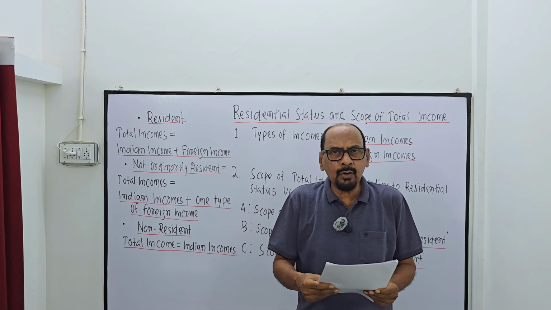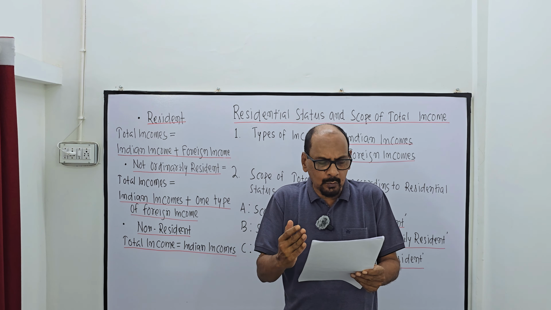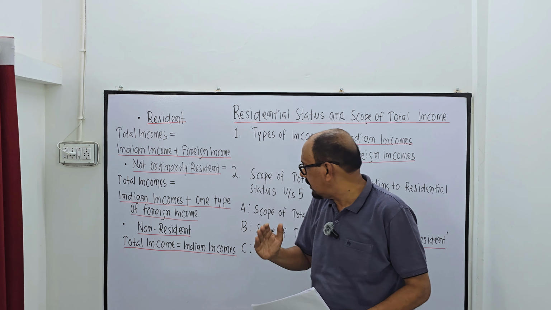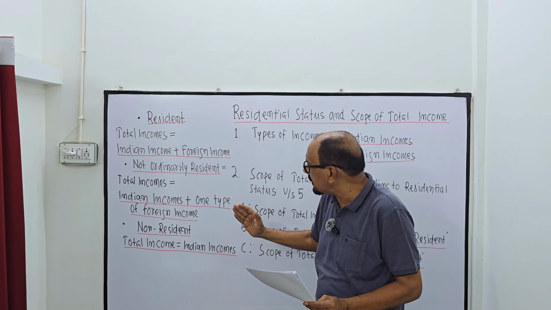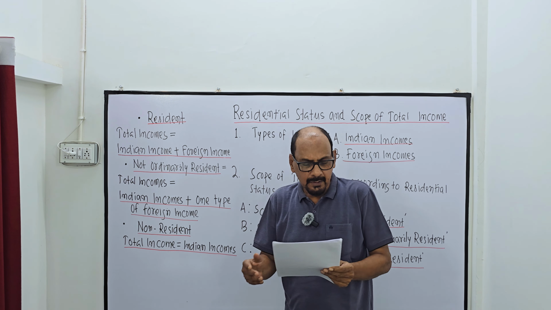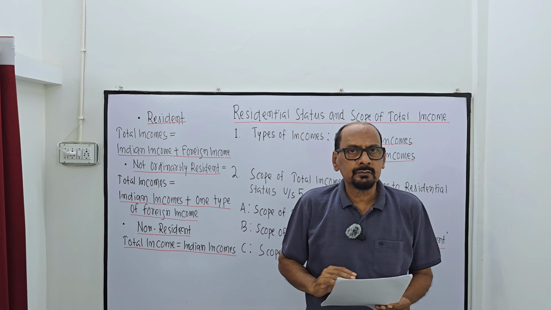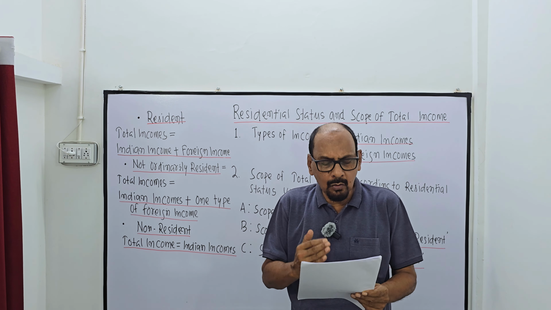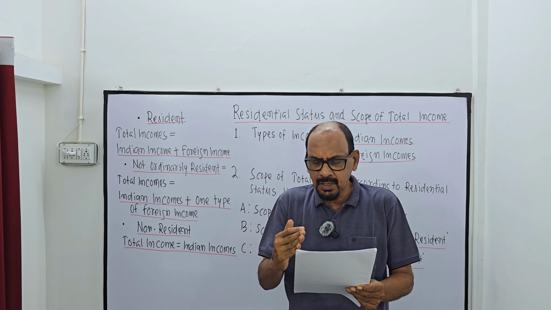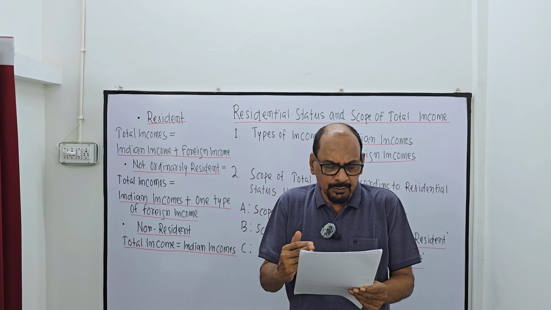And the third category, what will be the scope of total income of a non-resident? The first is income received or deemed to be received in India during the relevant accounting year.